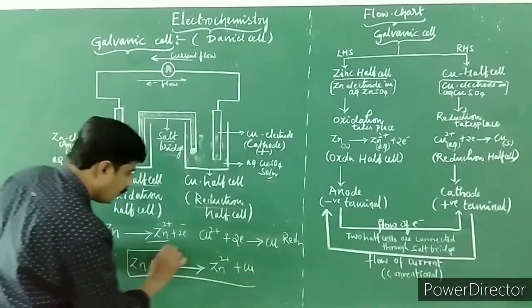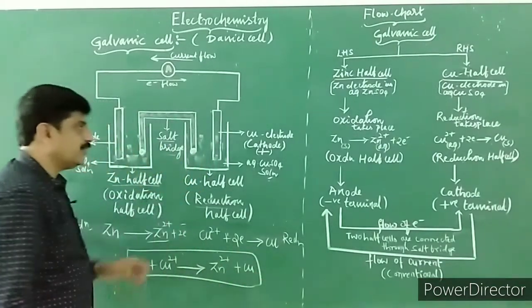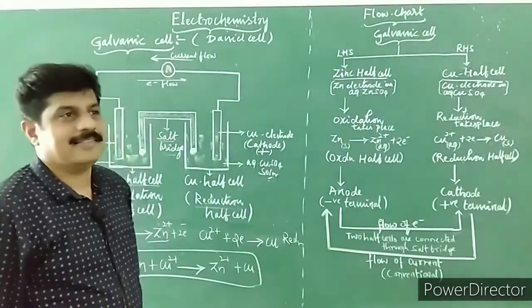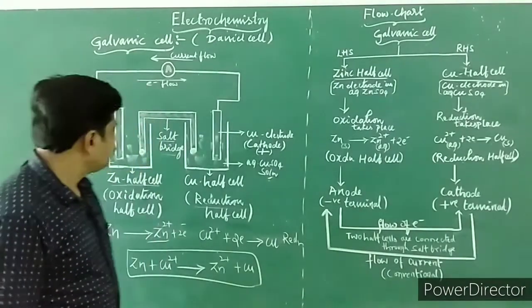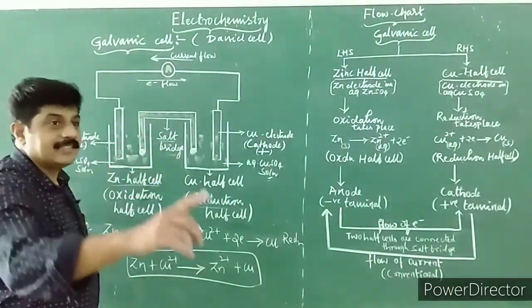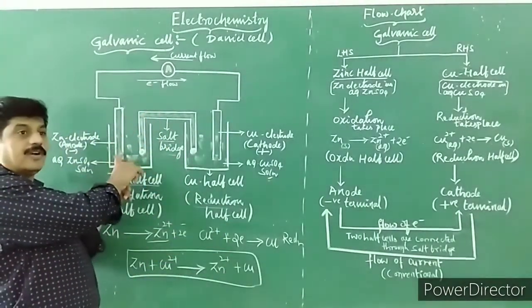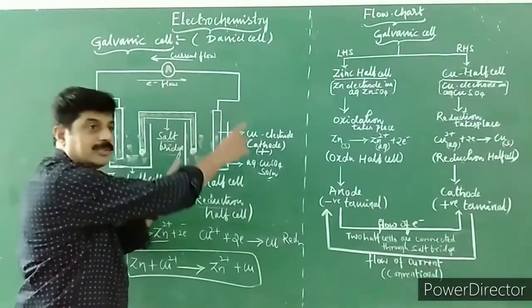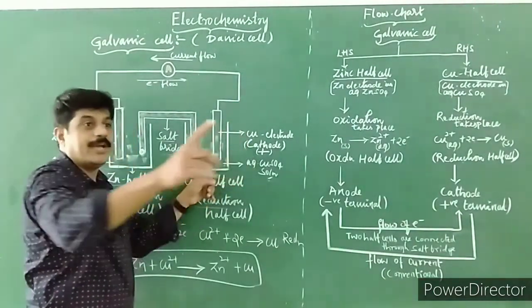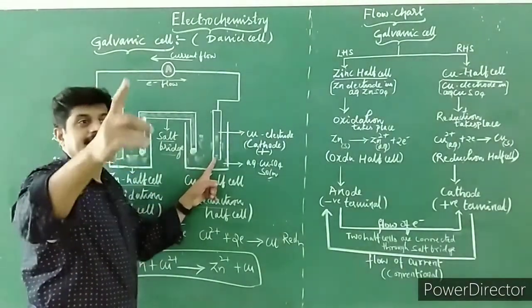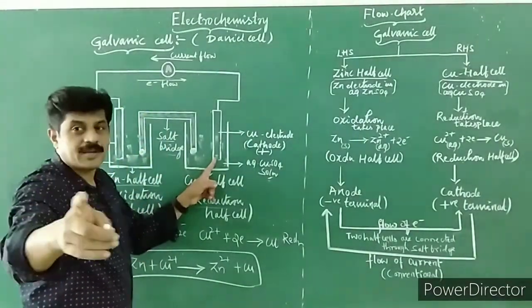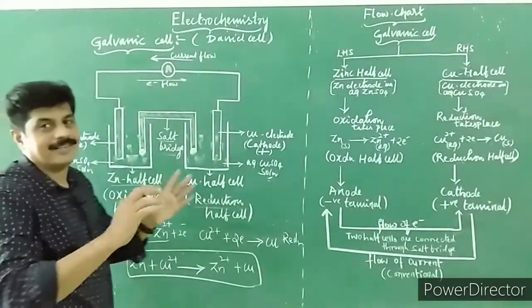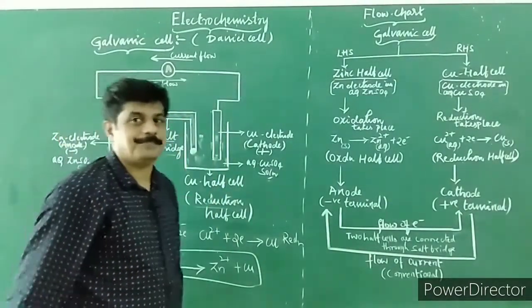This is the overall redox reaction which takes place in the galvanic cell. Remember, the flow of electrons is from the negative terminal, that is anode, to the positive terminal, that is cathode, whereas the flow of electric current is from the positive terminal to the negative terminal. That you need to remember.